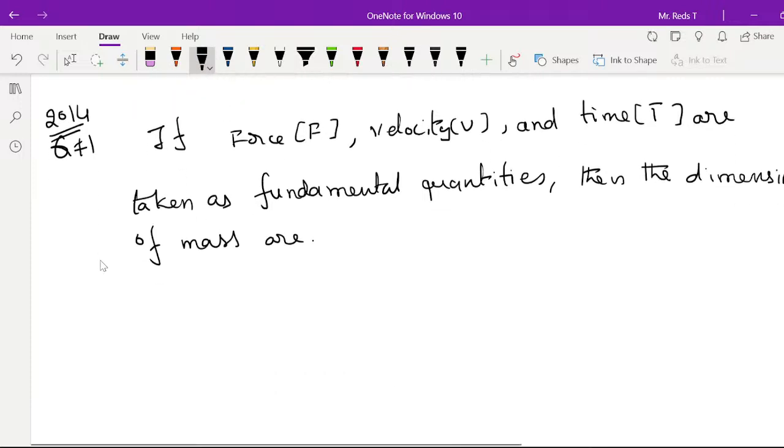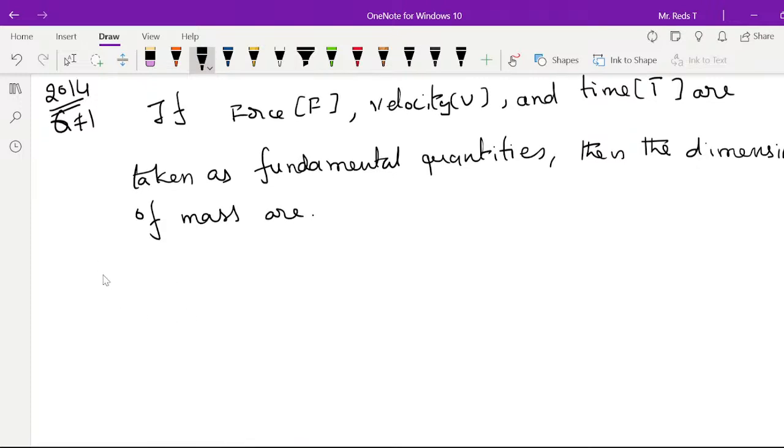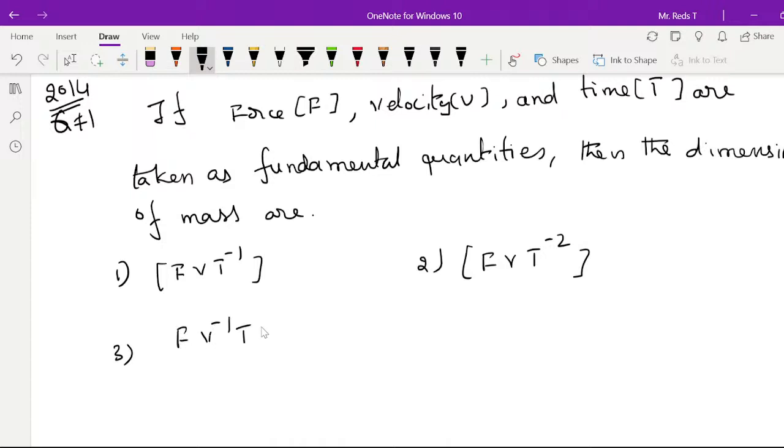Options. First option is given as F V T power minus 1. Second option is F V T power minus 2. Third option is F V power minus 1, T power minus 1.